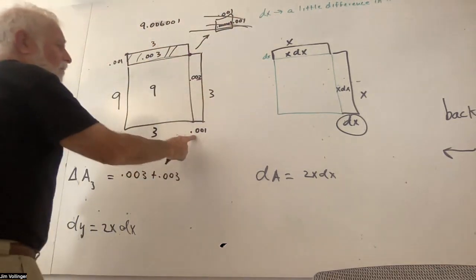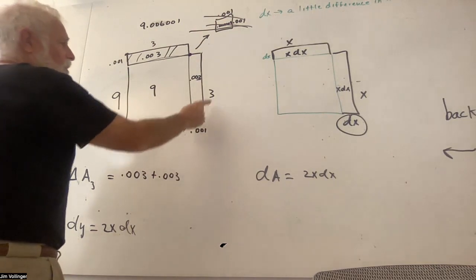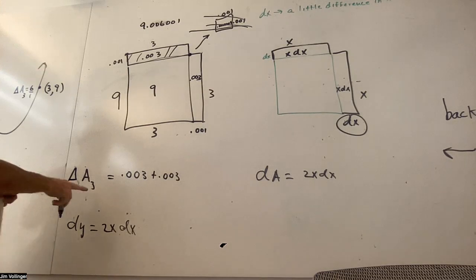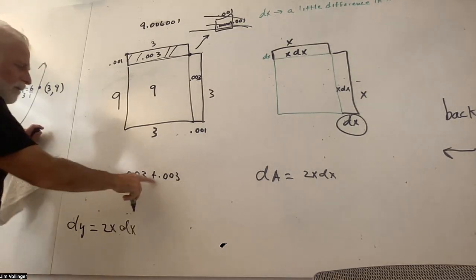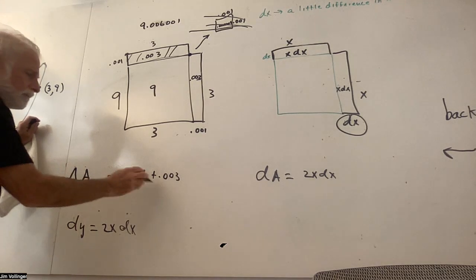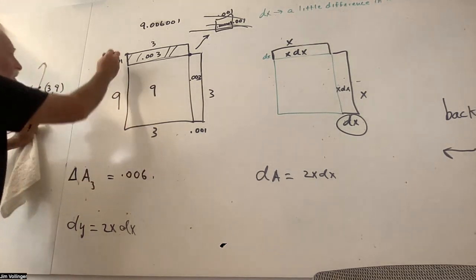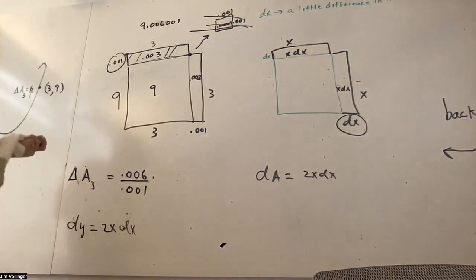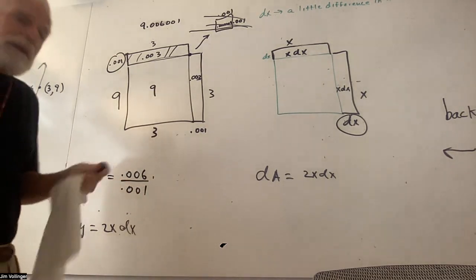The same thing over here to maintain the shape, 0.001 times 3 gets me 0.003. And we can see that the change in area is 0.003 divided by 0.003, which is 0.006. And if we look at how the x has changed by 0.001, you can see that calculation. That's algebra 1.